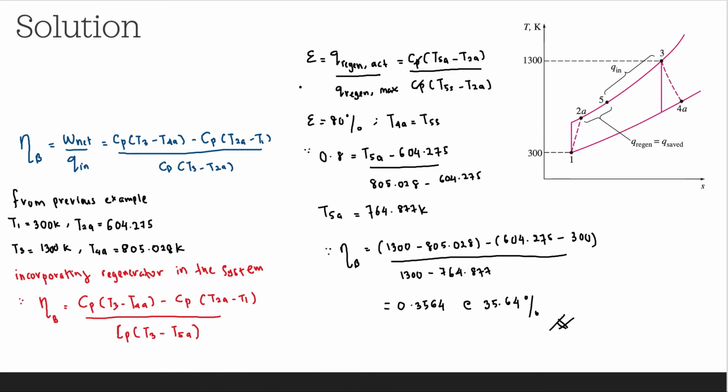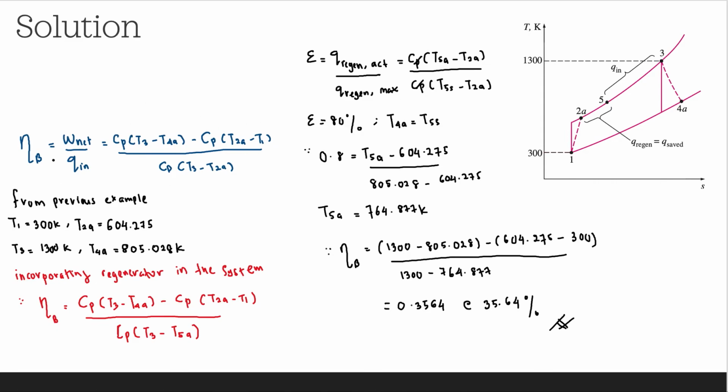So the question asks us to find the thermal efficiency. Okay, ideally, the thermal efficiency for the Brayton cycle is W net, which is work of turbine minus work of compressor, over Q in, which is Cp (T3 minus T2A).